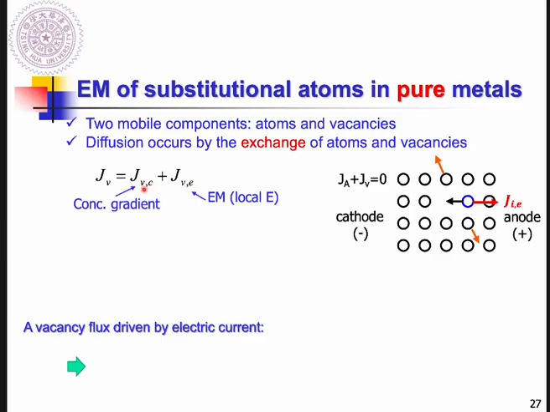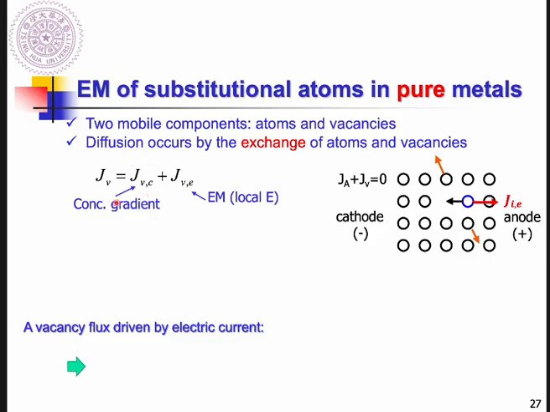And because we connect a battery to provide an electrical field, the local electrical field, or electromigration, also affects the vacancy flux. So we write down these two fluxes driven by two possible driving forces.